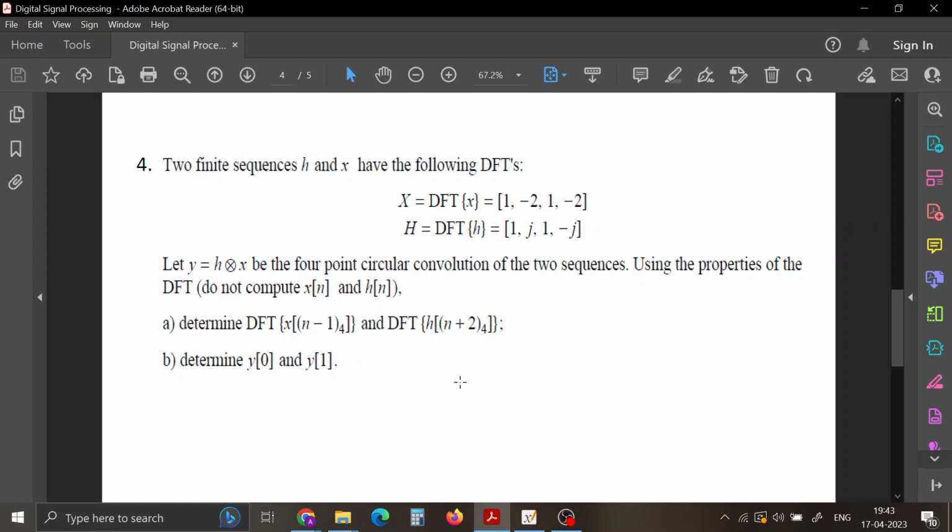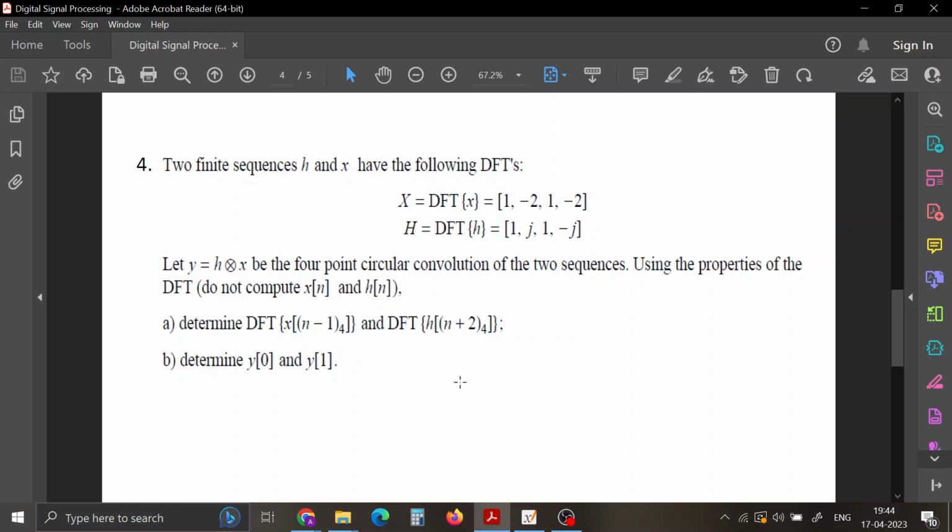So if we have small y equals small h circularly convolved with small x, then when you take its DFT, it becomes capital Y of k equals capital H of k multiplied by capital X of k. That's it. So instead of a complicated operation like circular convolution, you just moved to simple multiplication, which is really simple, right?